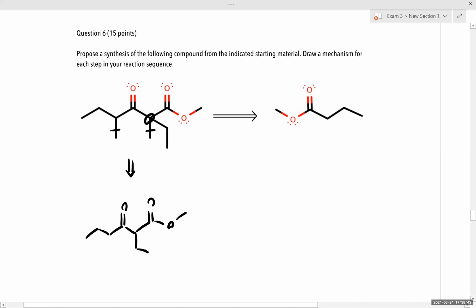So once we've lopped off these methyl groups, we notice that if we break this bond, we immediately get back to a Claisen reaction between two equivalents of our starting material. This is the key pattern recognition needed to propose an efficient synthesis of this compound.